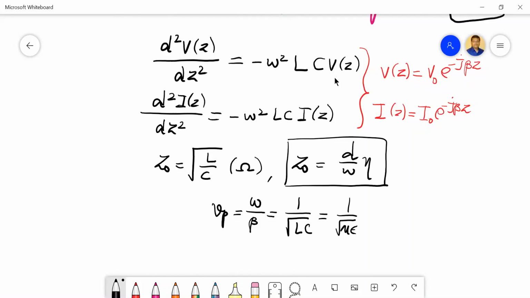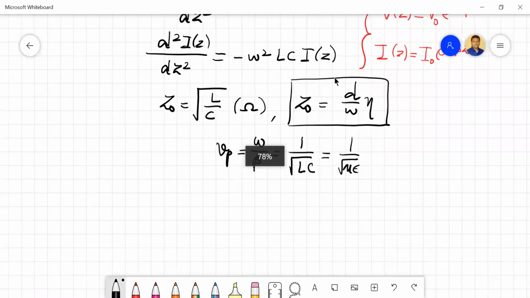And what is Vp? Vp is the phase velocity, which is omega by beta. And we have seen this is 1 upon square root of LC. So these things we have seen in the last class, correct?